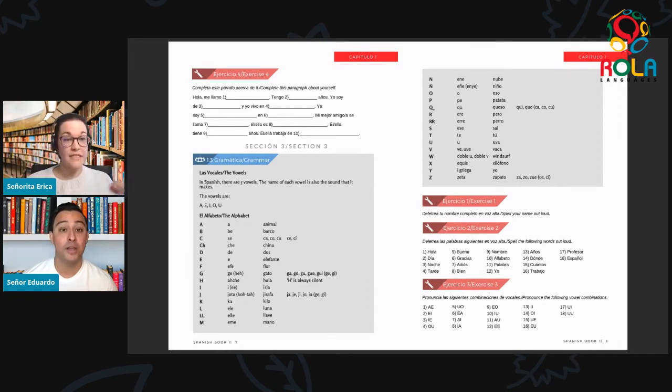But the letter actually means Greek I. Some history there is that the Y comes from the Greek alphabet, so we identify it by saying i griega, Greek I. And sometimes in some countries, especially in South America, to differentiate between the Y and the normal I, we say i latina, Latin I, which comes from the Latin alphabet.